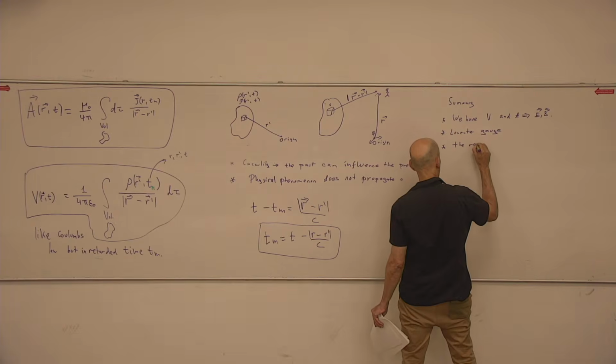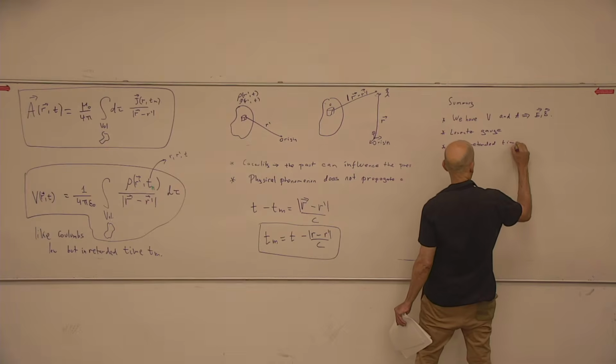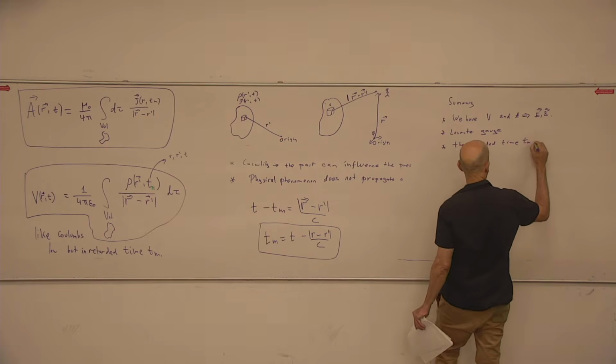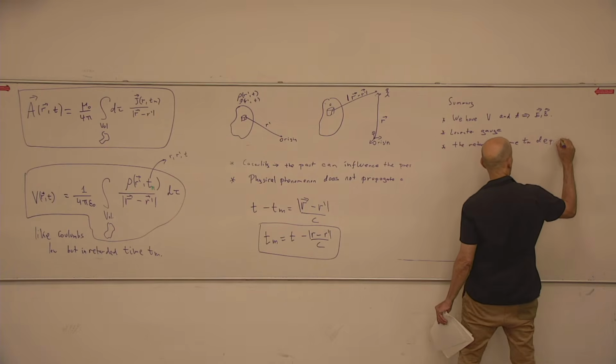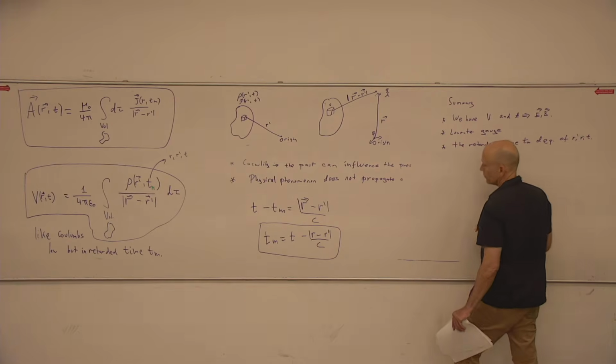The retarded time t_r depends on r prime, r, and t.